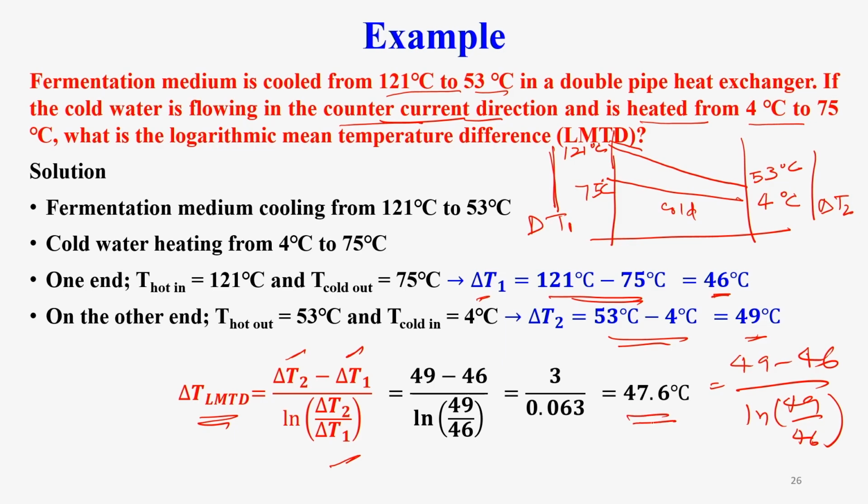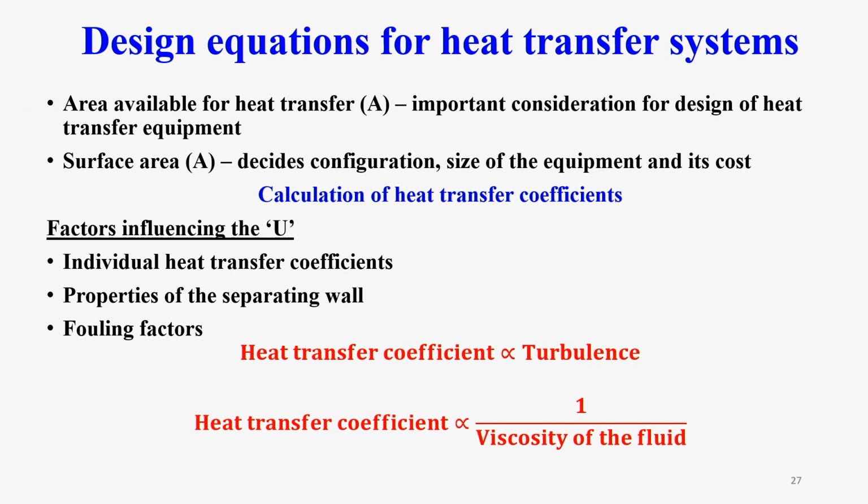You will get a value in between these two values, 46 and 49. The log mean temperature difference is 47.6 degrees centigrade.